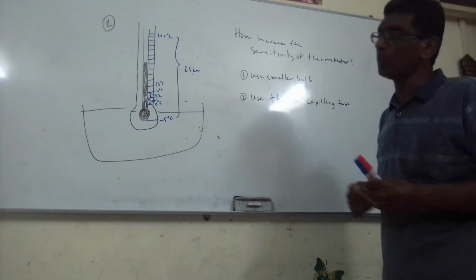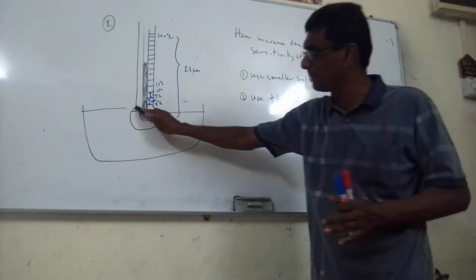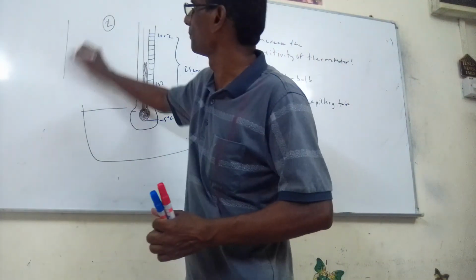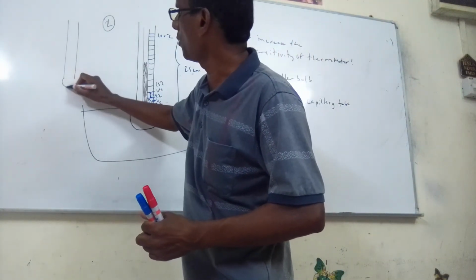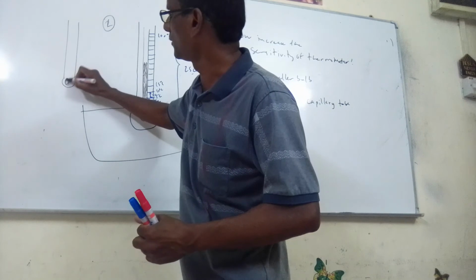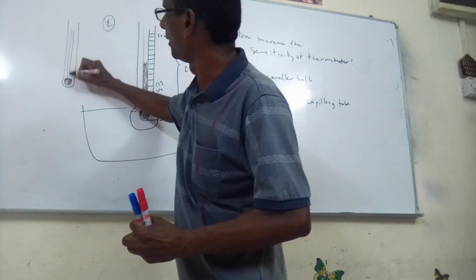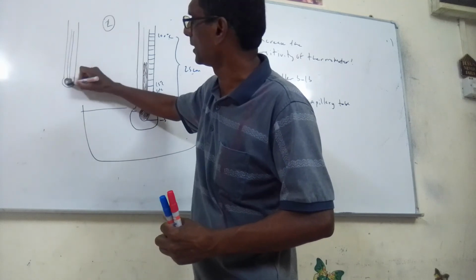Okay, use a smaller bulb. This is a big bulb. So the smaller bulb is just smaller, and it's full of mercury. Okay, this is a smaller bulb.